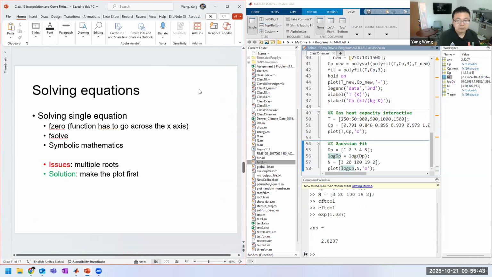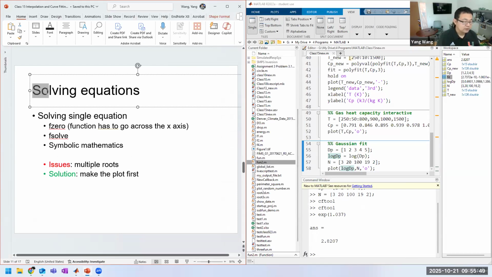So basically, I want to use the rest of the time to talk about how we can solve equations, because in engineering, equation solving is the most important. A lot of times you may face very sophisticated equations, right? So it can be linear, nonlinear, explicit, implicit. You might have heard of these terms before, but we're going to talk about their definitions.